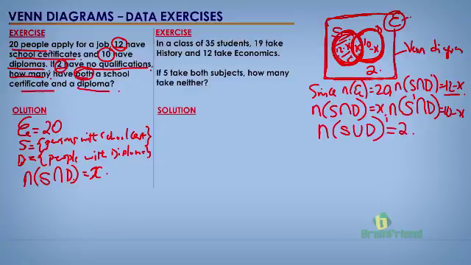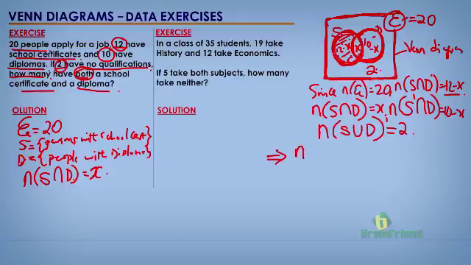Therefore, every region under our universal set here would be equal to 20, which is the total number of persons that applied for the job. But we would add up this region with this region and of course our region here. Let's do that quickly.